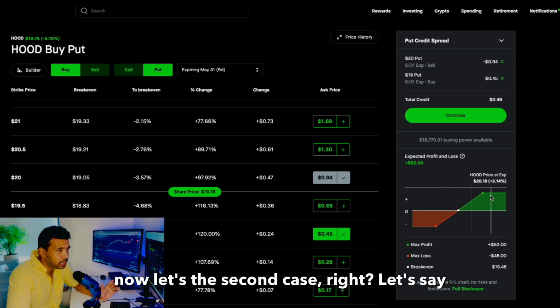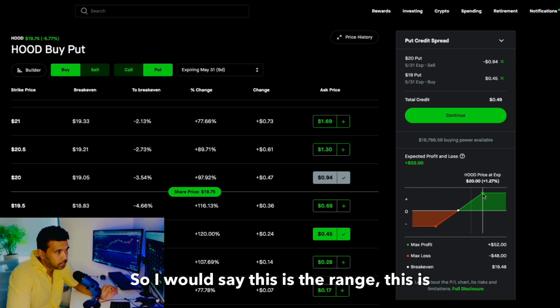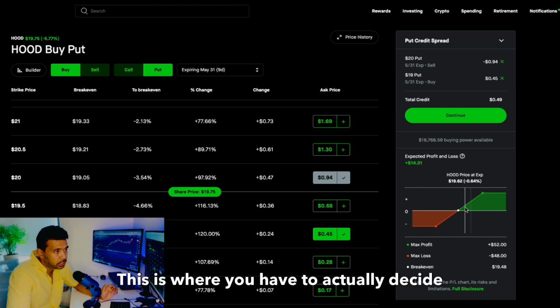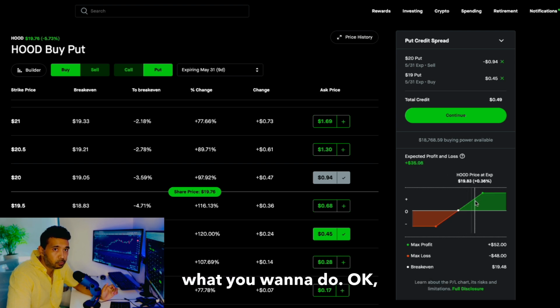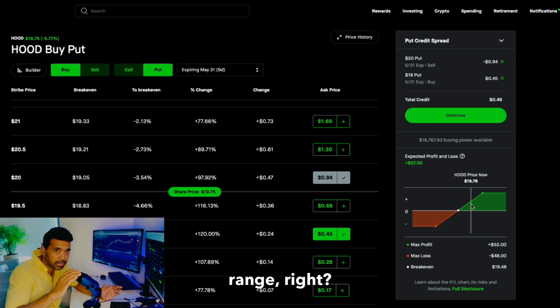Now let's look at the second case. Let's say it starts going down. This is the range, from 20 to your break even, where you have to actually decide what you want to do. Let's say next week Hood still hovers around 19.8 or 19.76.